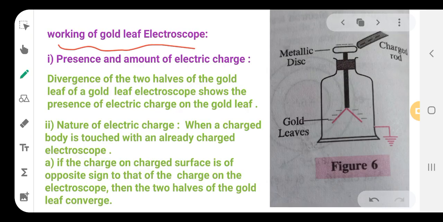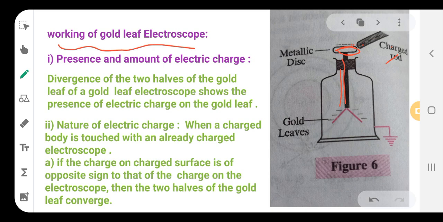In the working of the electroscope, if we take a charged rod and bring it in contact with the metal disc, the metal disc gains the charges. This charged rod shares its charges with the metal disc, and this metal disc again shares the charges with the vertical metal rod, which is inside the jar.